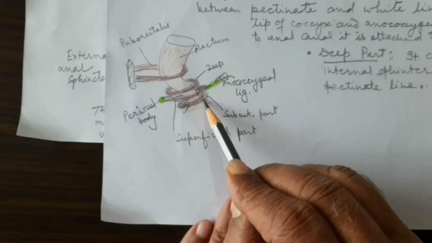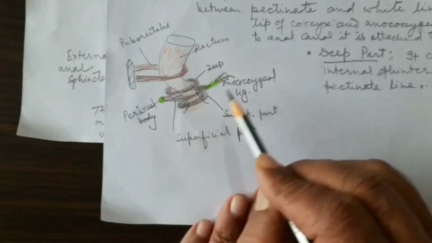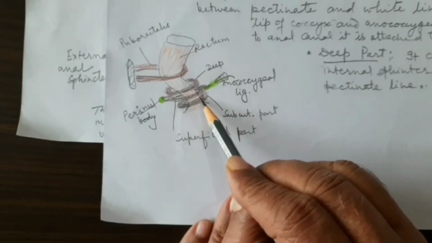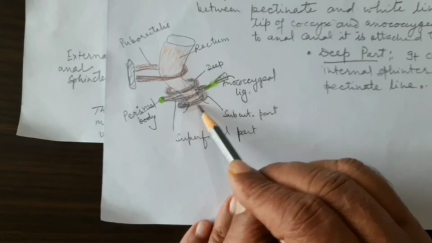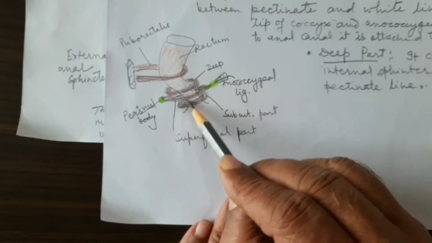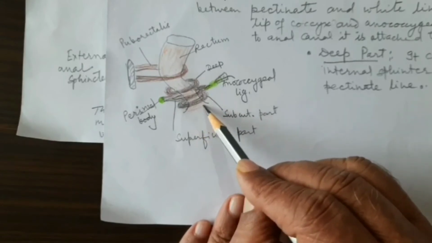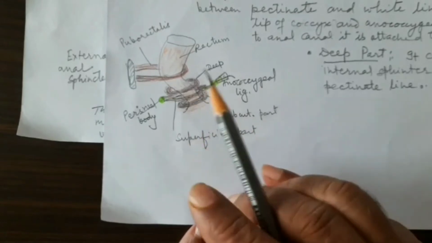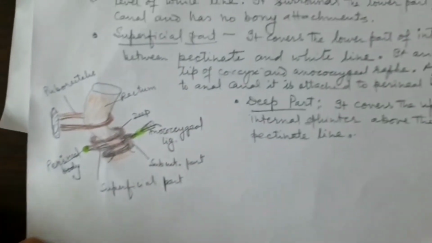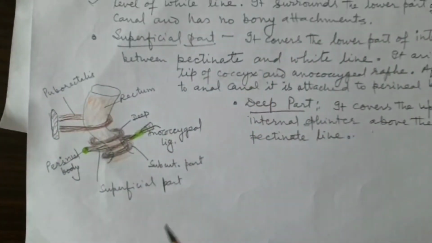So let us see, this is the subcutaneous part, not superficial, of the external anal sphincter, where the muscle is completely surrounding the anal opening. Thus it has no skeletal attachment or bony attachment.